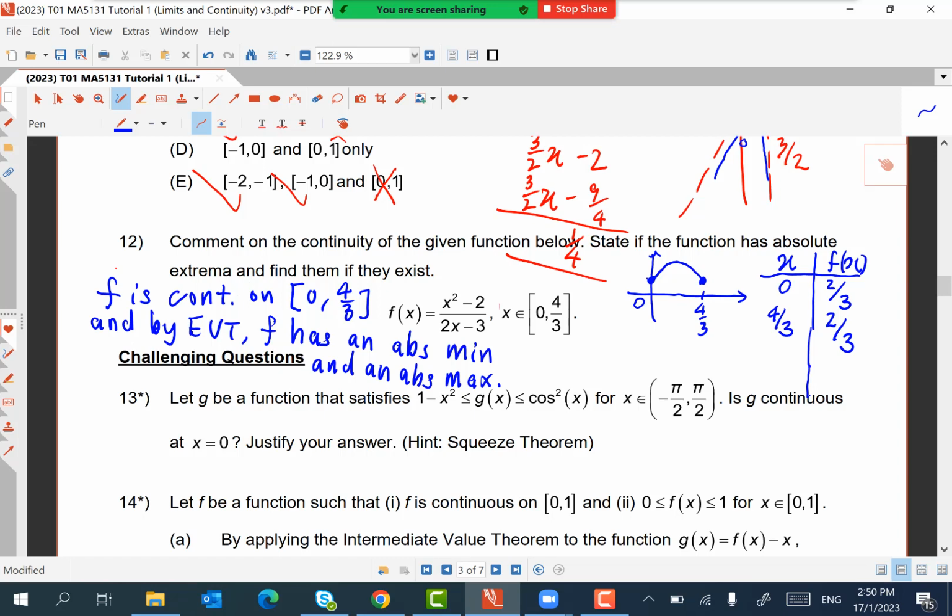Minus 2, and then divided by 2x minus 3. So what I've done is I keyed into the GDC in the graphical mode, and I'm going to find the turning point.